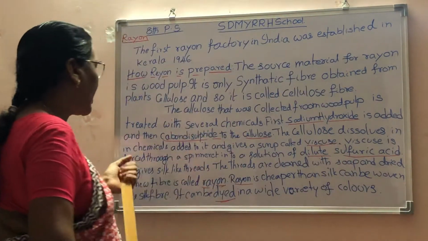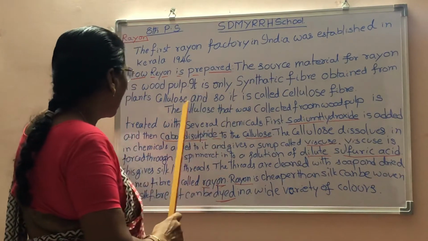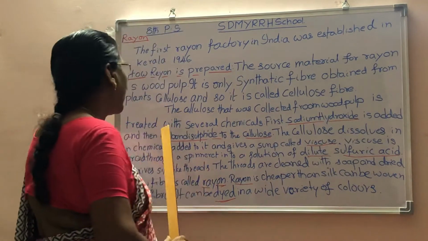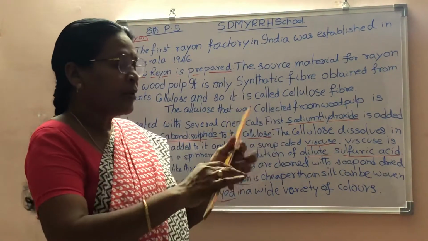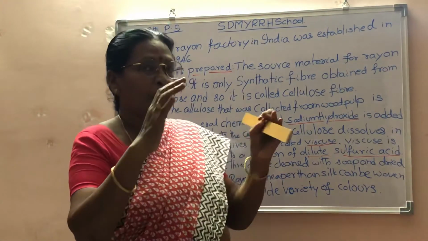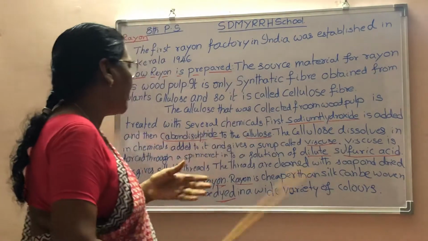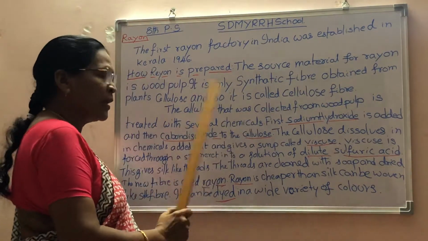Next, the cellulose that was collected from wood pulp is treated with several chemicals. First, wood becomes pulp, something like a paste. This is treated with several chemicals.